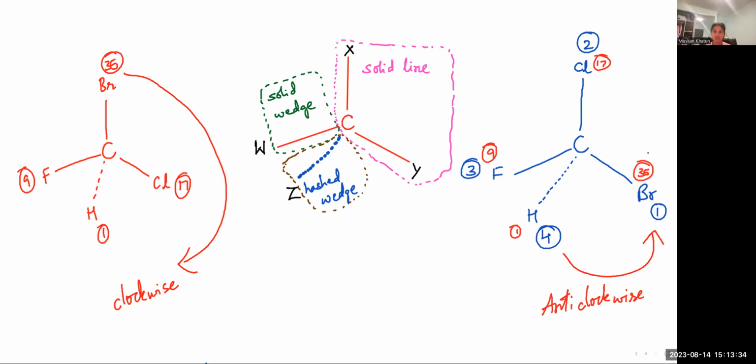Now, how can chirality be used in drug development? Even today, the importance of chiral drugs in the drug development space cannot be understated. Why does it matter if the atoms are just moving clockwise and anti-clockwise around the carbons?